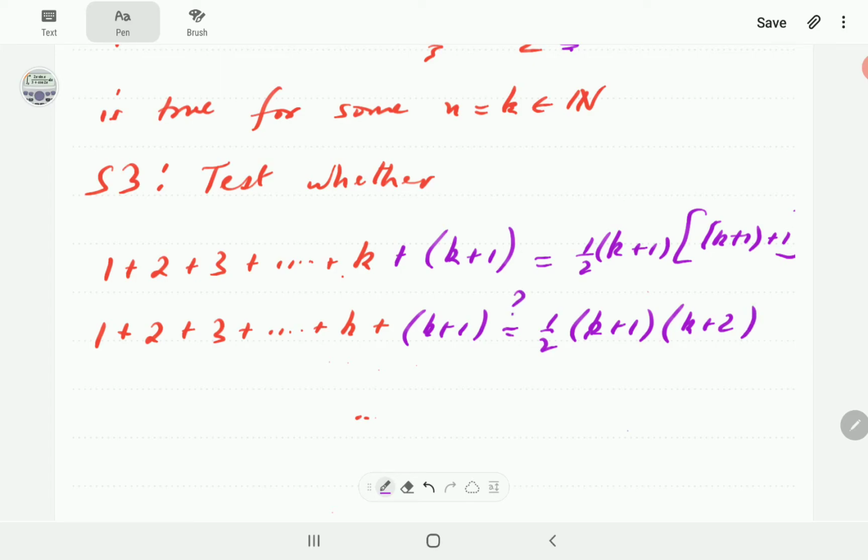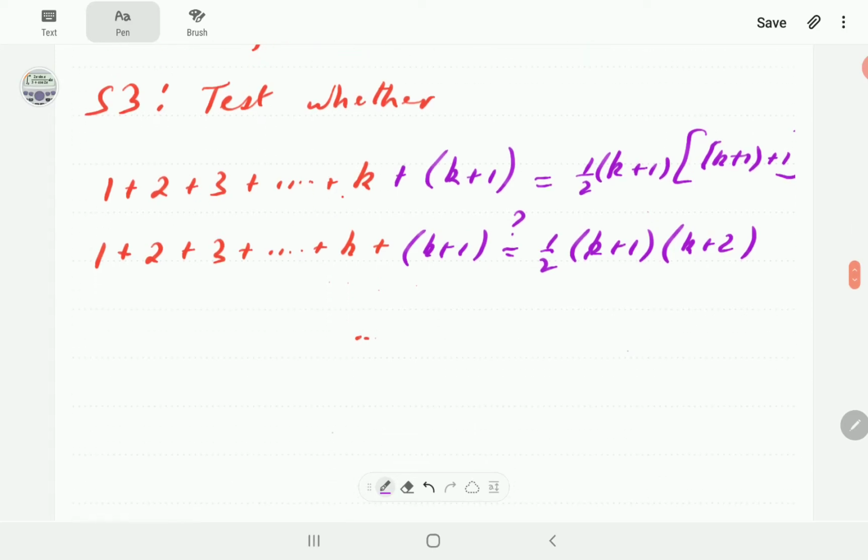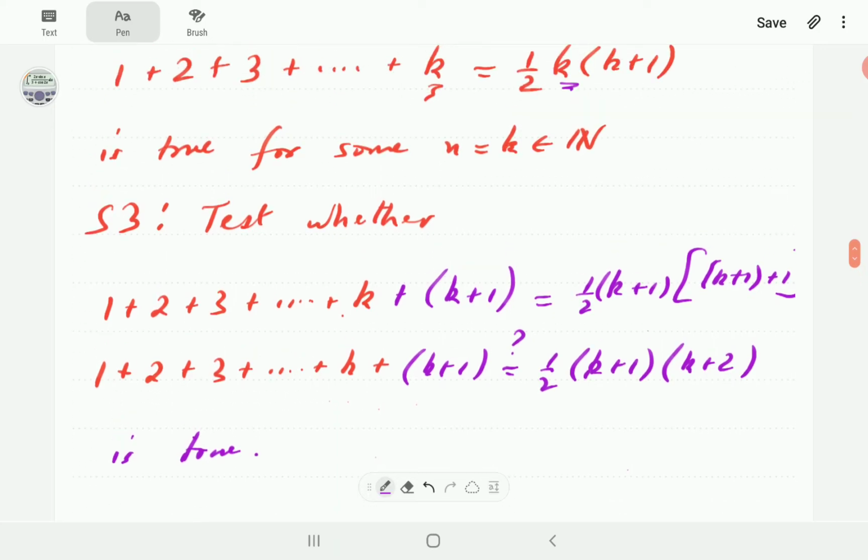So I want to prove whether this is true, provided that step 2 is true. And so the way we do this is we're going to notice that these terms here up to here are exactly the same as the terms we have there in step 2.